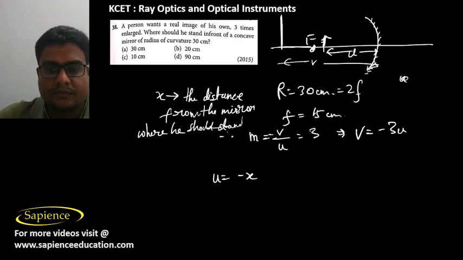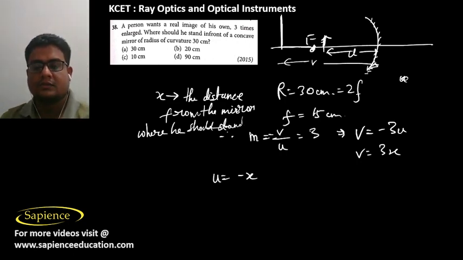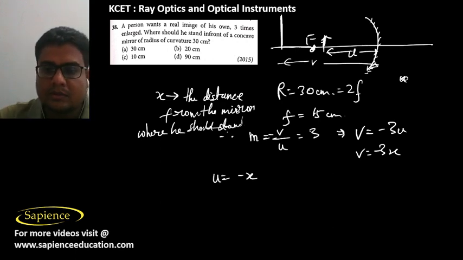Then therefore v is equal to 3x, minus of minus x. v is also minus 3x actually.